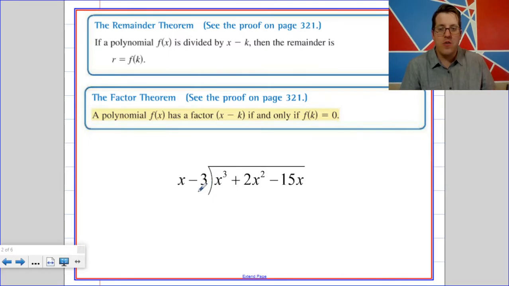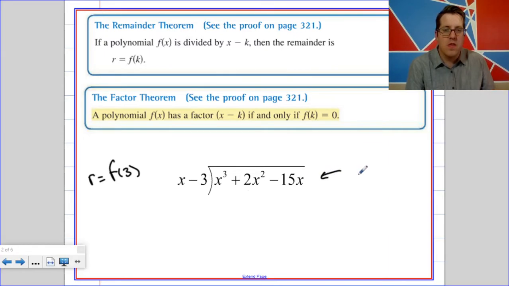If I do division with this problem, my remainder would be the same thing as f of 3. So if this is my function, whatever my remainder is going to be the same thing as plugging in 3 to this function.